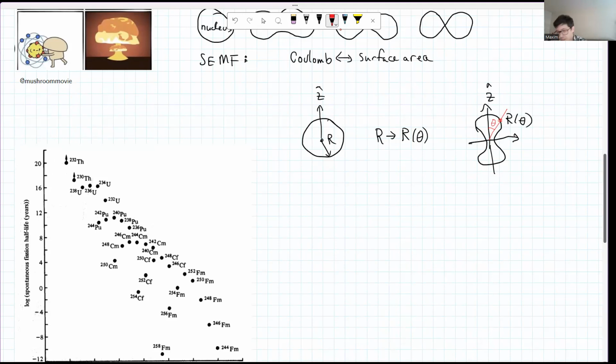Well, we could do a multipole expansion just like we do for the radiation and so on. And for vibrations, it's again an expansion in spherical harmonics. Just to remind you, or maybe tell you, I'll mention in more detail what the spherical harmonics actually look like.